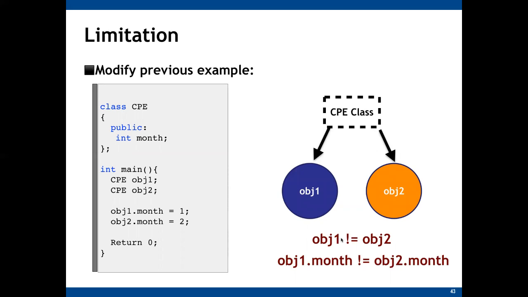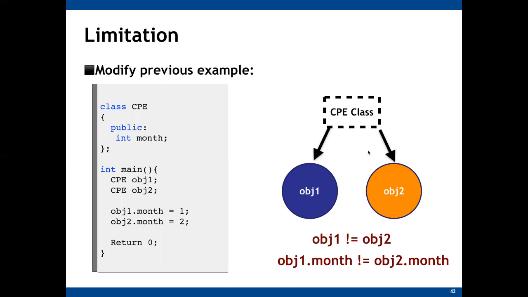And because obj1 and obj2 are different, obj1.months and obj2.months are also different. So if you print the address of this one and this one, they should be different.